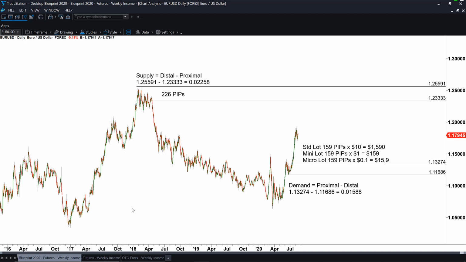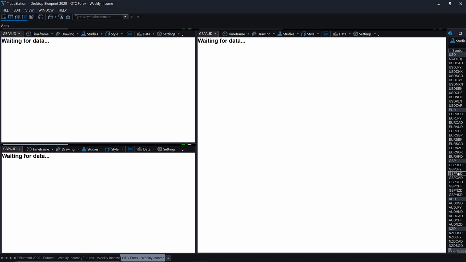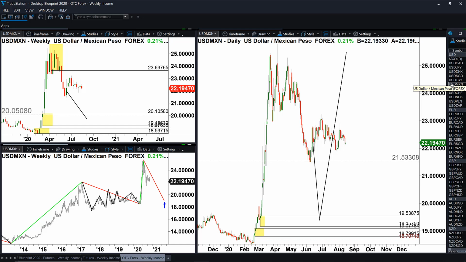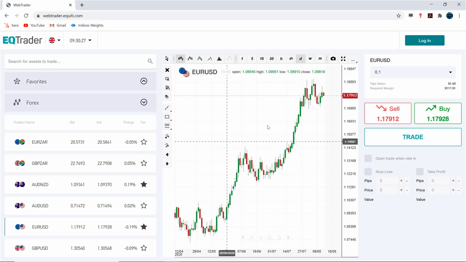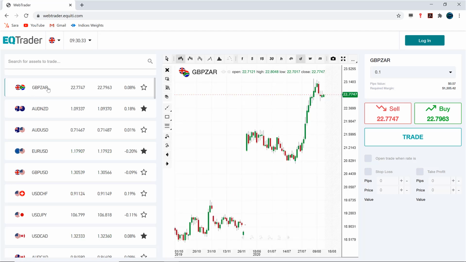However, if I've got cross pairs, like for example GBP JPY, GBP AUD, EUR AUD, USD CHF, or even exotics like USD Mexican peso, USD Turkish lira, what I'm going to do is simply use my web trader, and regardless of the currency, even here GBP ZAR, if I punch in one standard lot, I'm going to get the pip value in my account currency, because it's got an integrated pip value calculator right here. So that makes my life very, very easy.